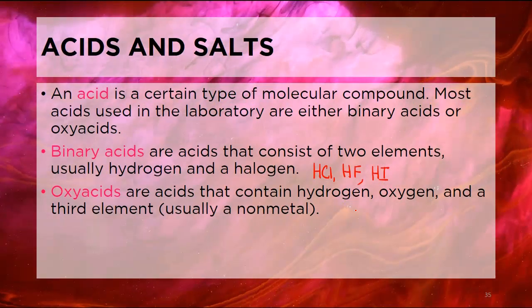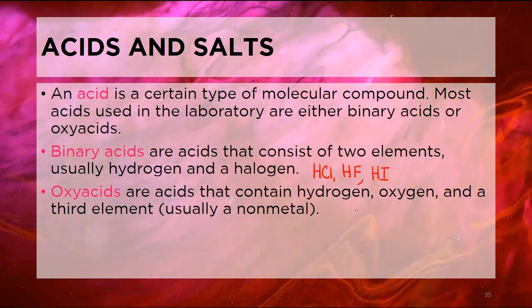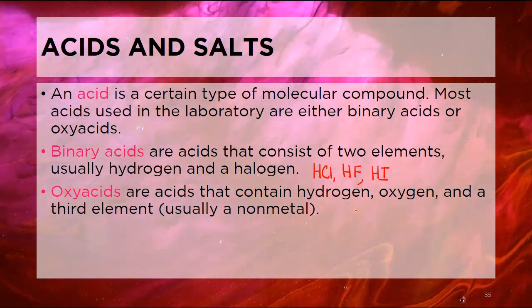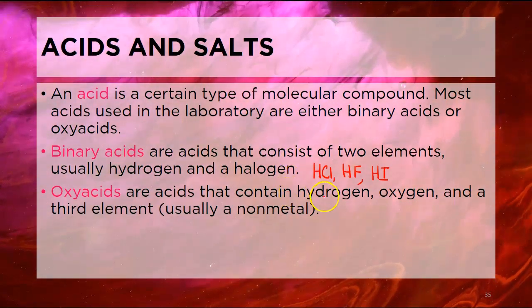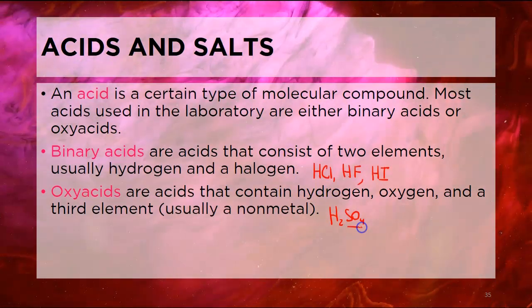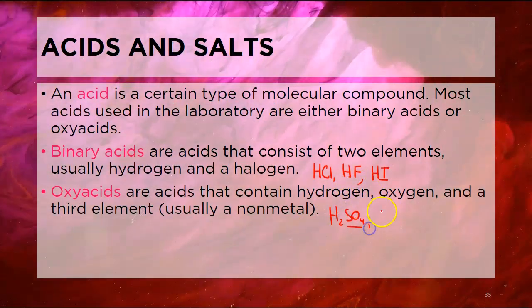Notice when it's a binary acid, I say hydro, and then the element, and then I add IC at the end. For oxyacids, something like this with a sulfate ion, we would call that sulfuric acid.